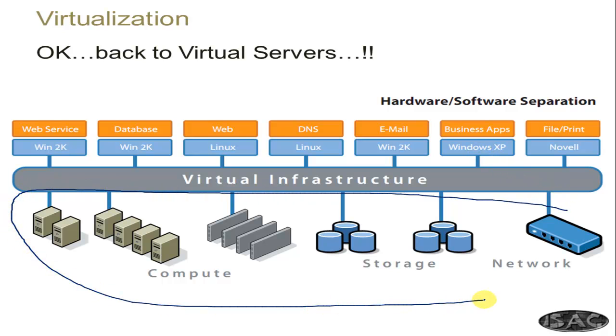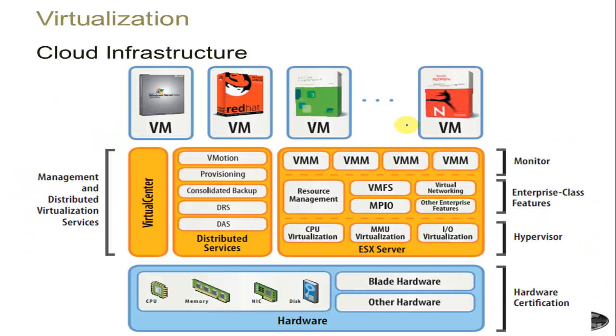All these resources have been virtualized, and a user can use 1 CPU, 2 CPUs, 3 CPUs whenever they need. When they don't need it, they can release it. So it is completely virtualized, and there is a lot of software involved in that. This is what cloud infrastructure looks like in terms of virtualization.